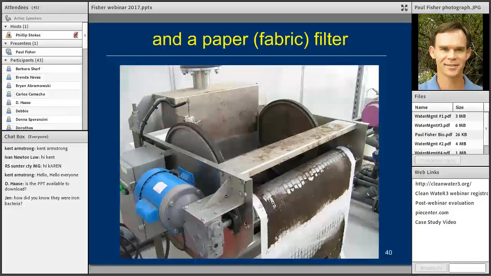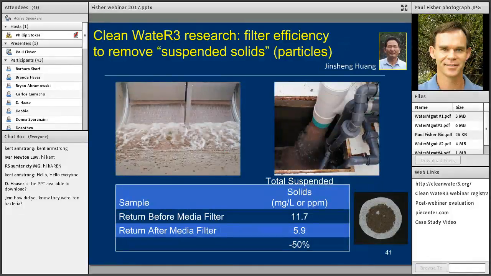So the more particles there are in the water, the more quickly you'll go through this disposable paper, and also the finer the pores in that paper, the more quickly it will clog and index forward, increasing cost.